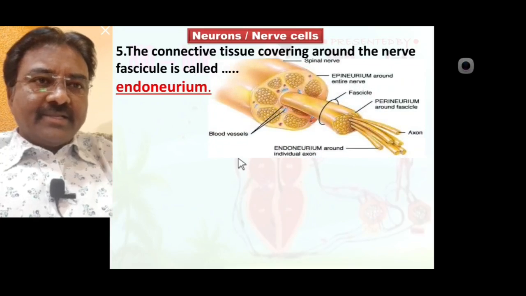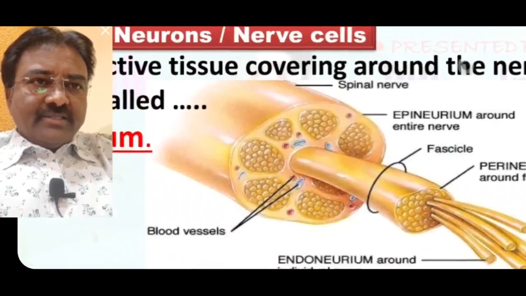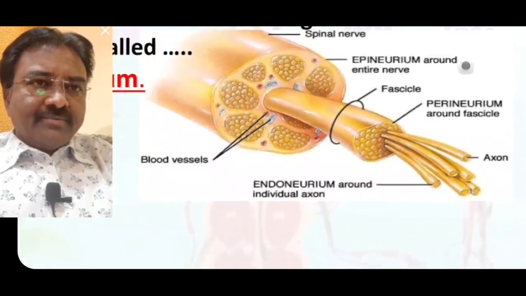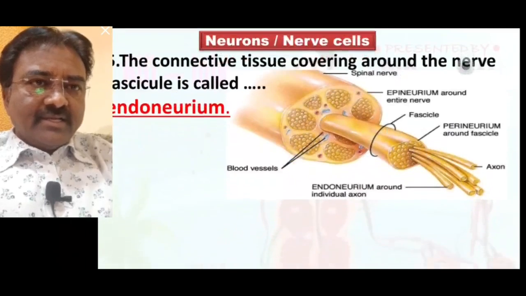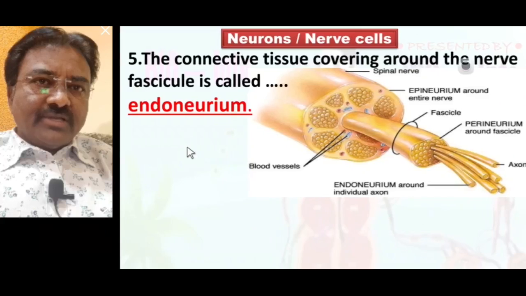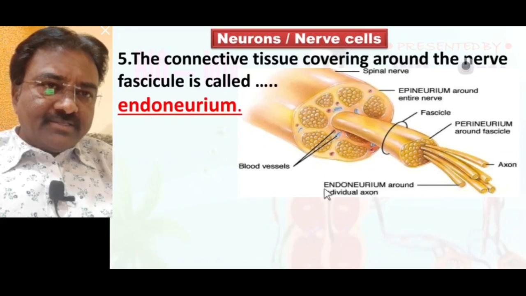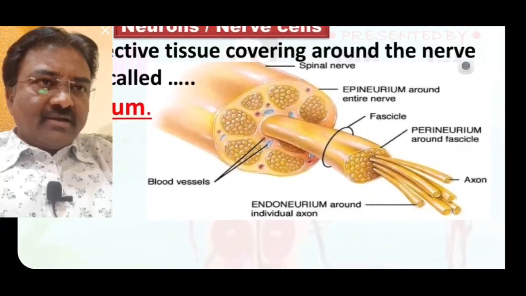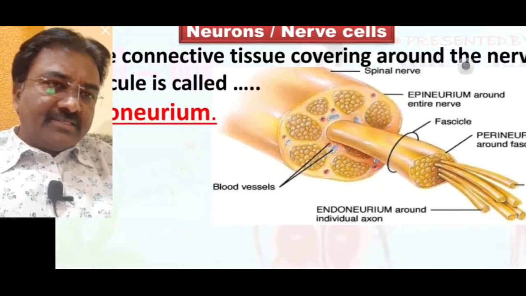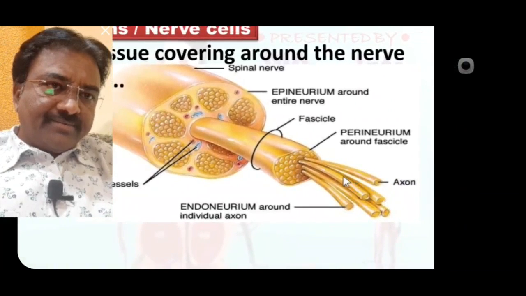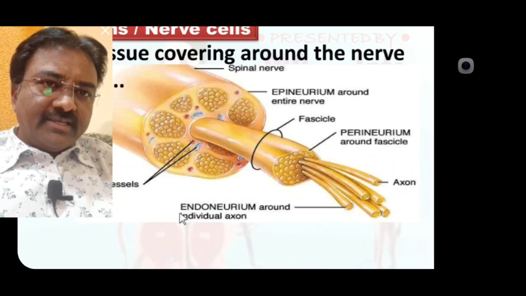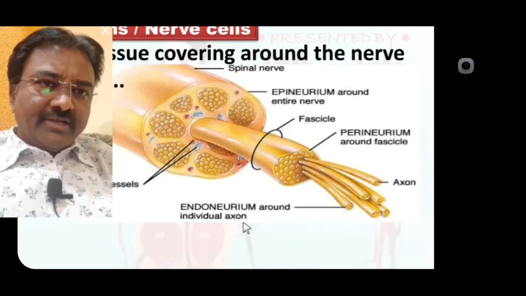Seen here in the diagrammatic representation, this one is actual nerve and its internal structure. So endoneurium, noted here, is the actual covering around the nerve fascicule. Means this one is actual nerve and this nerve is covered by endoneurium covering. Seen here endoneurium around the individual axon.